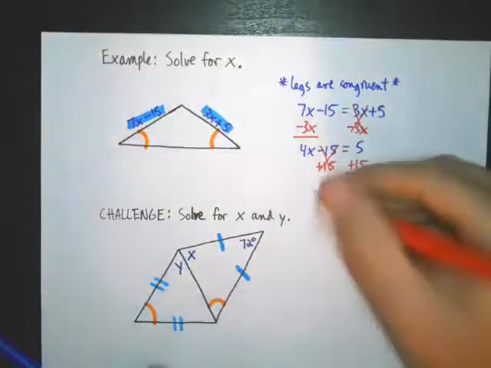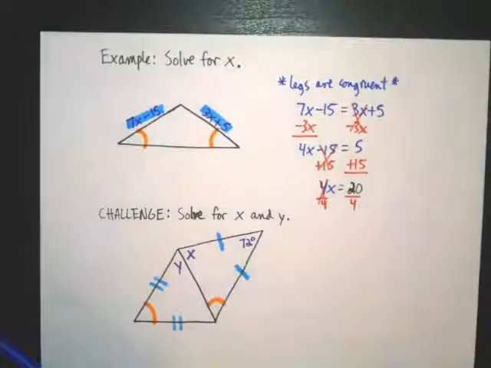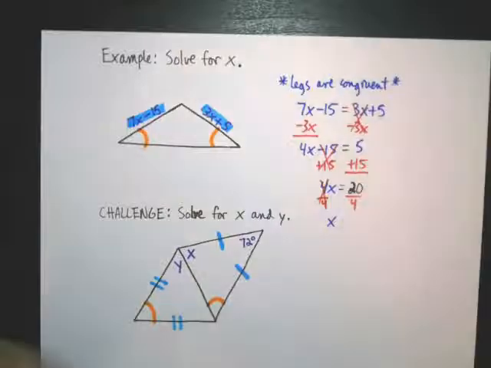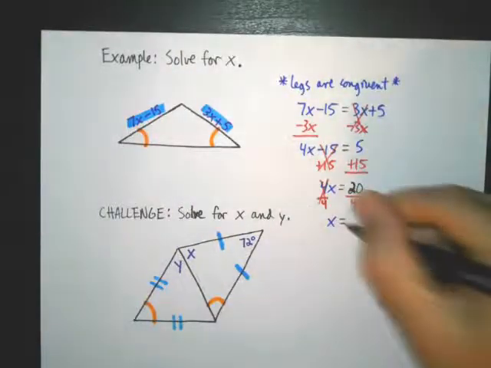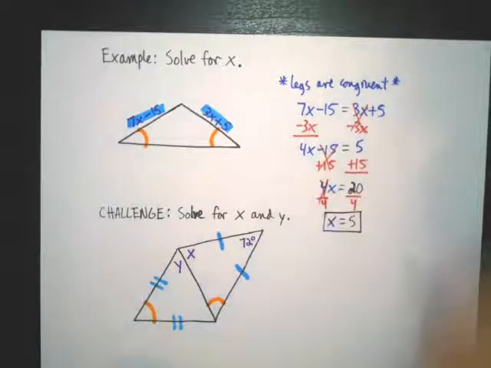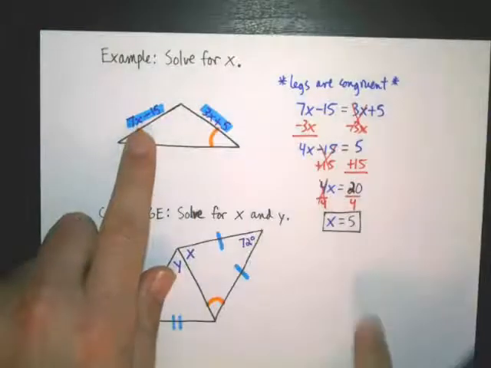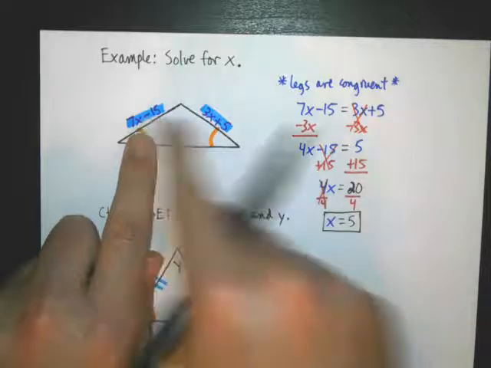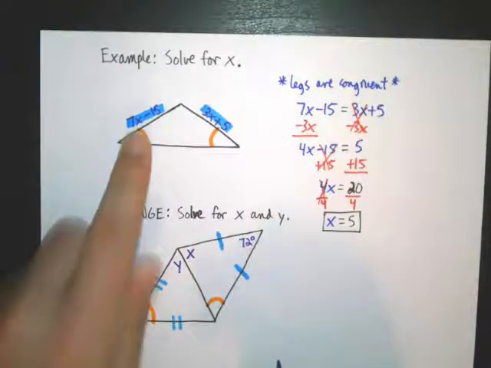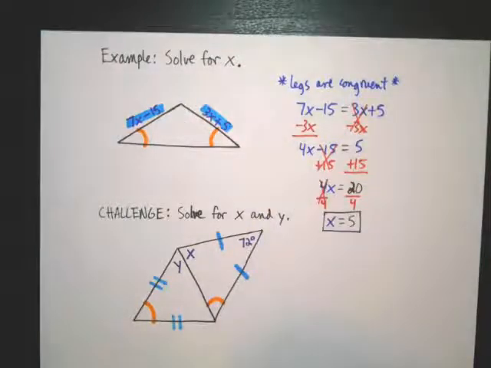And divide by 4 to get x equals 5. So in this isosceles triangle, x equals 5. If we wanted to, we could plug this value back into those expressions, and I believe we would get 20 as the length for each leg.